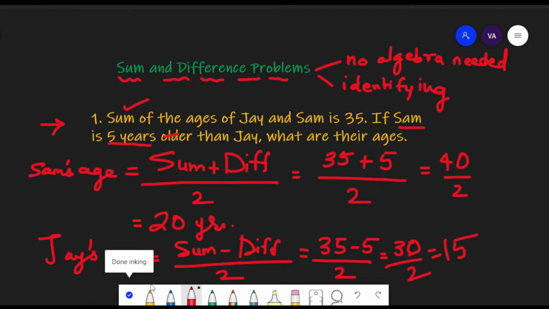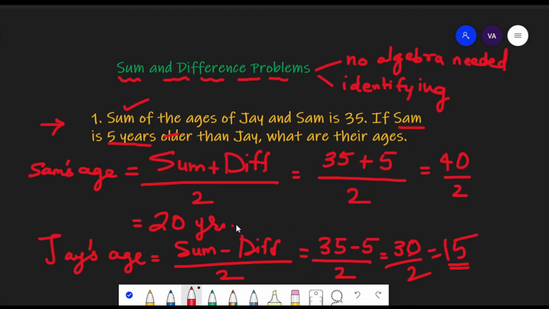Okay, this is as simple as that. To find the bigger number, you add sum and difference and divide by 2. In order to find the smaller number, you subtract the difference from the sum and divide it by 2. You will get the smaller number.